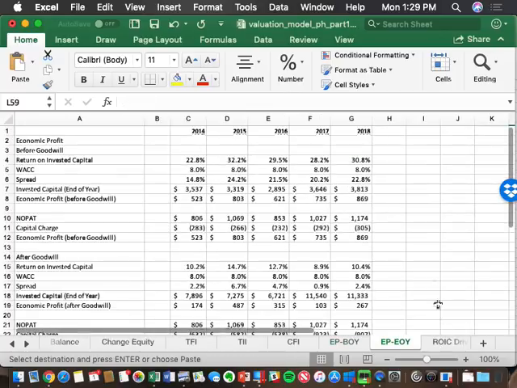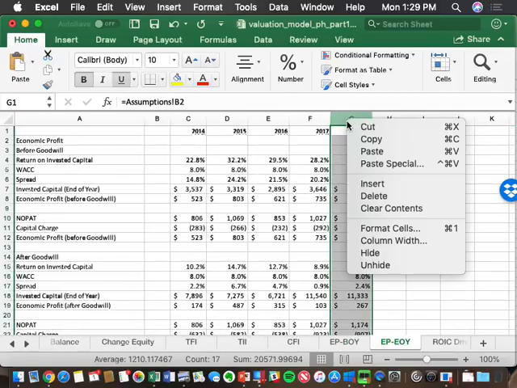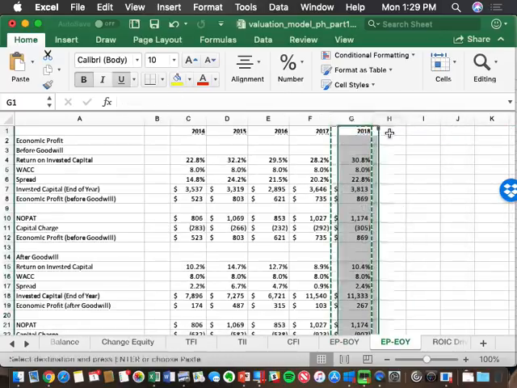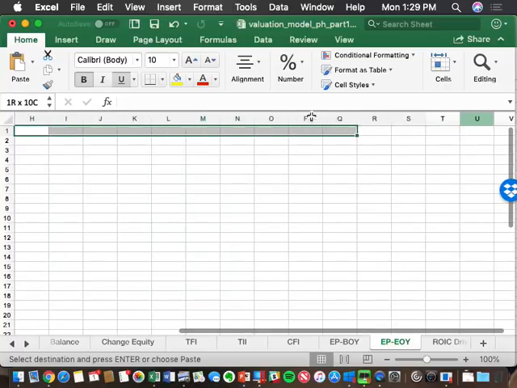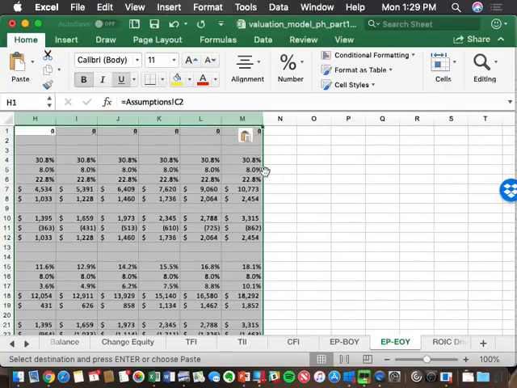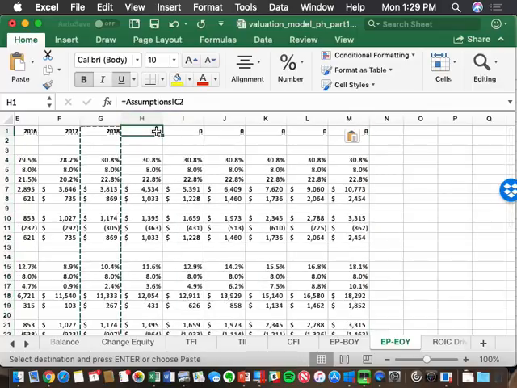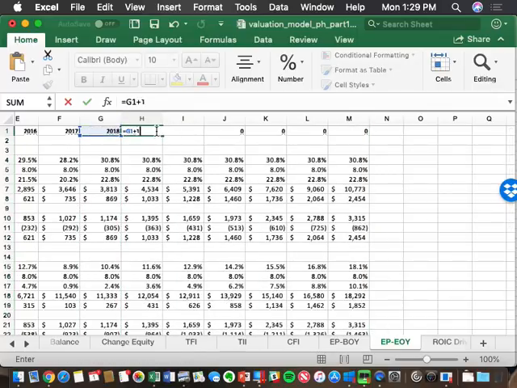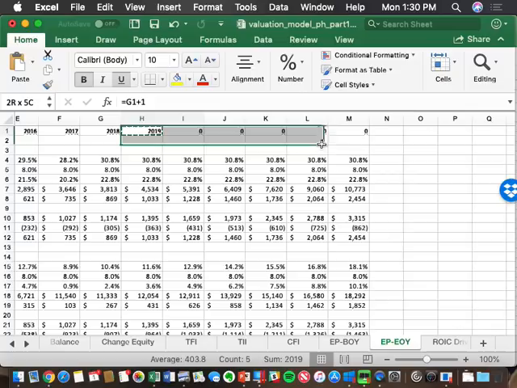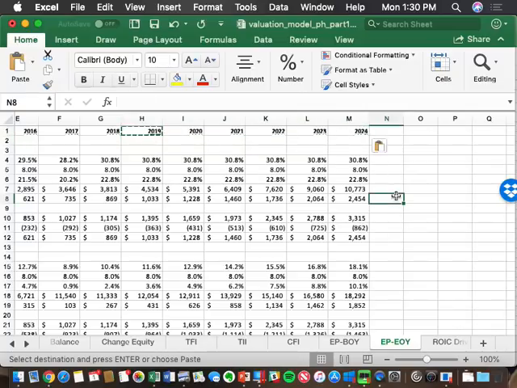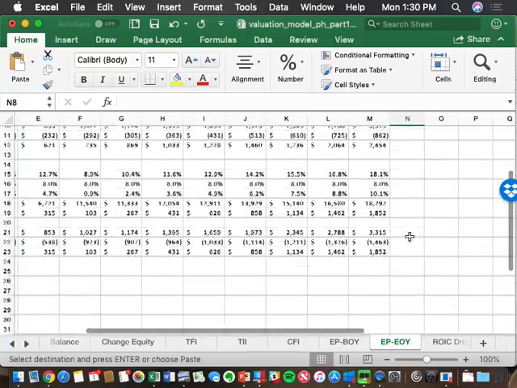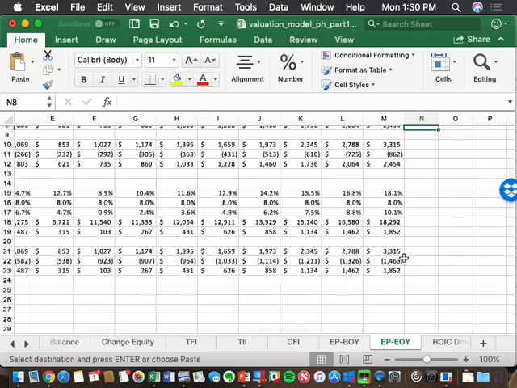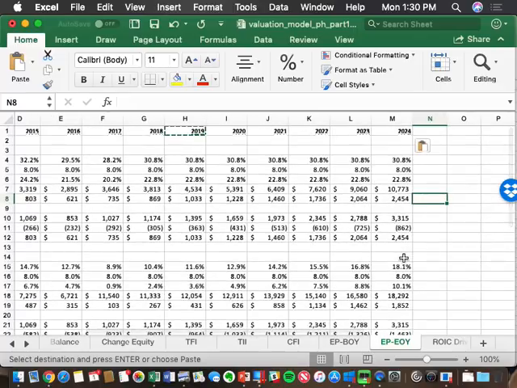And the final tab, economic profit based on end of year. Again, copy, paste to column M. Equals previous year plus 1. Copy, paste. And you now have economic profits based on end of year, 1852 is the last year you're looking for, going through 2024.